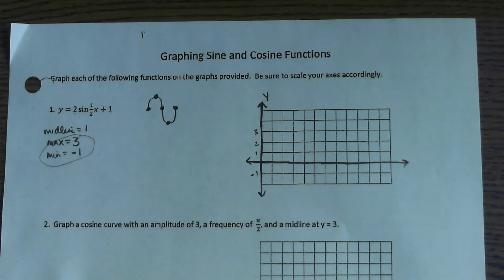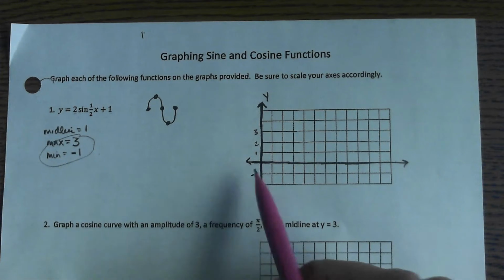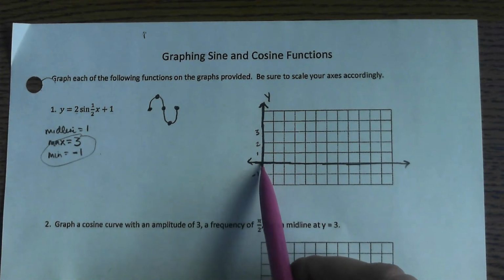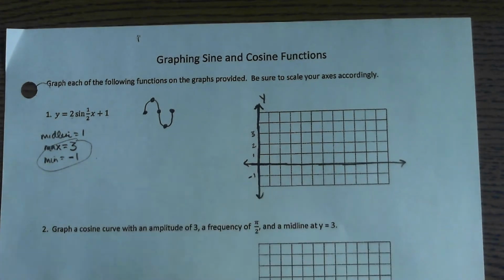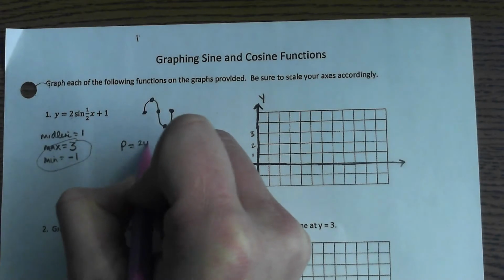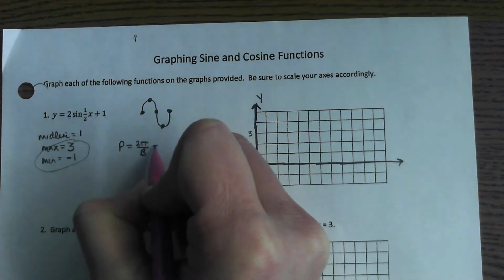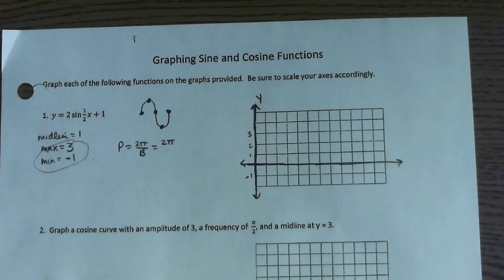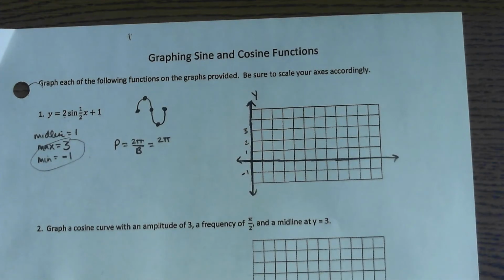Now the x-axis scaling is the hardest, okay? The good news is we have no phase shift. Phase shifts make things a little bit tricky, but we have no phase shift right now, so we're starting at 0, and our period is going to end wherever P is. So period equals 2 pi over B, and that is 2 pi over, Natalie, what's our B value?